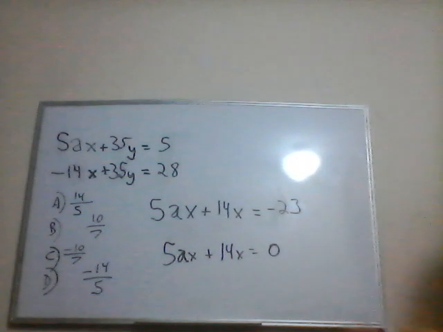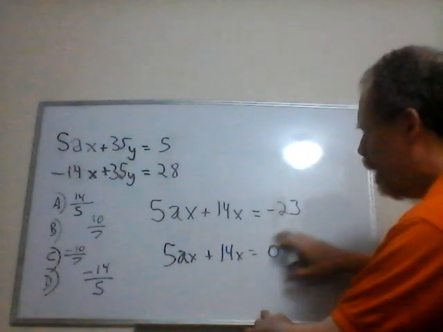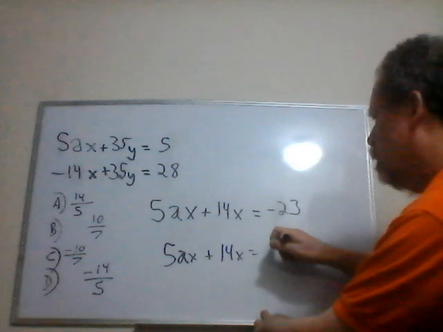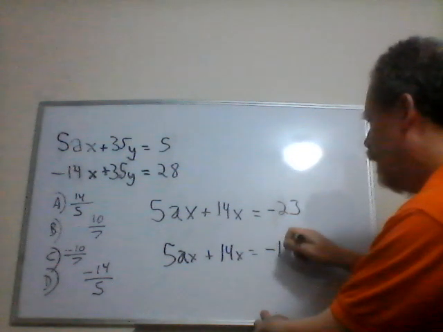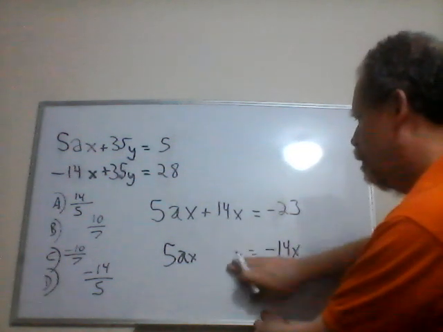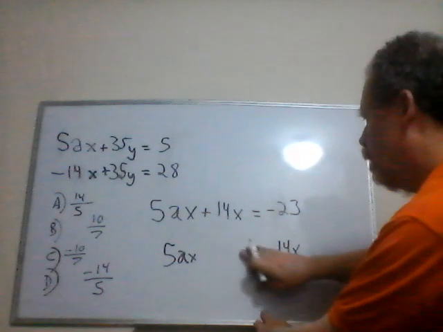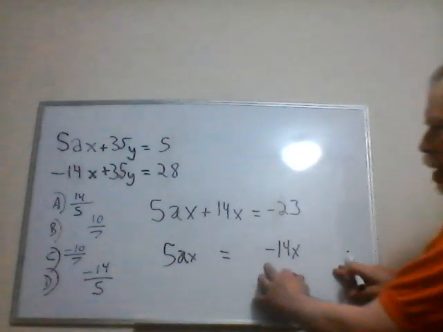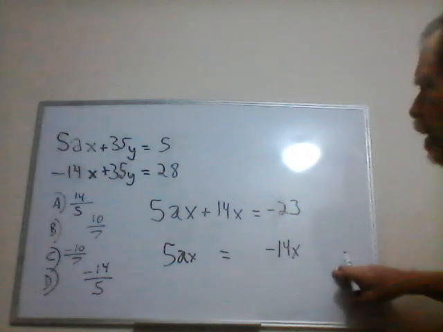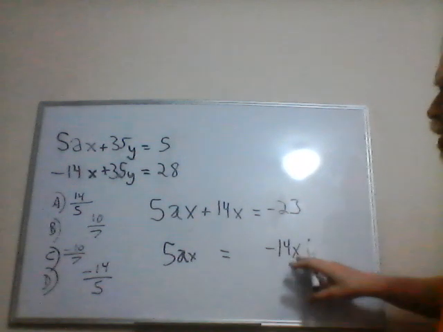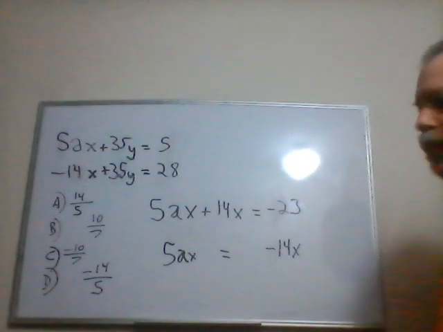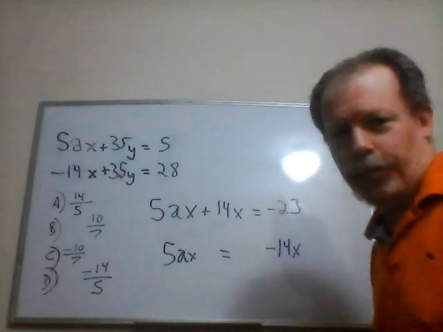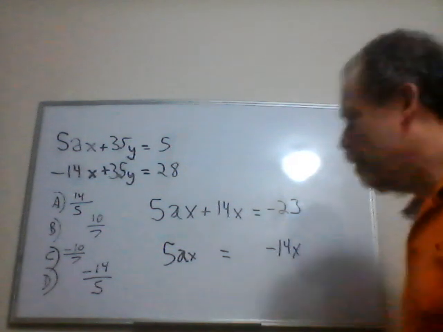Really? Yeah. Now watch this. If I move the 14x over here, it becomes minus 14x. There. If I can get these things to be equal, then that satisfies the 0, and then that breaks this equation. Pretty weird, I know. Watch it again if you need to.